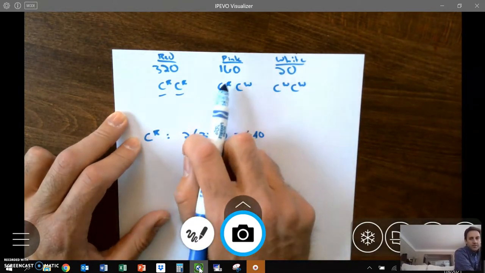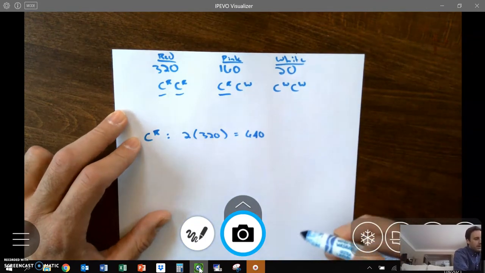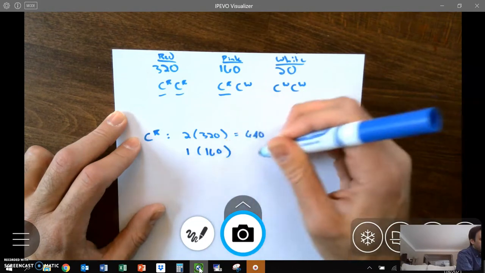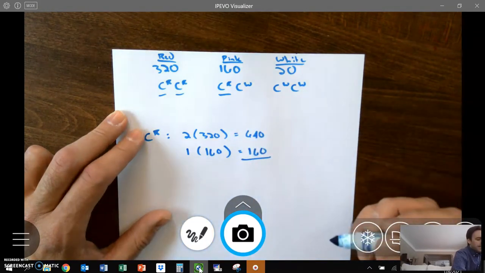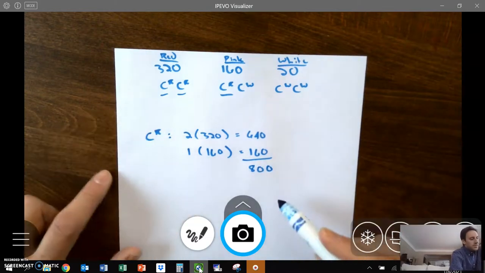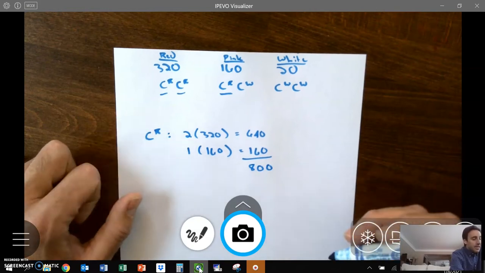Now, the pink individuals have 1 copy of that CR. So 1 times 160 individuals is going to be 160. Then we simply add those up, and we get 800. So there are 800 CR alleles in this population.